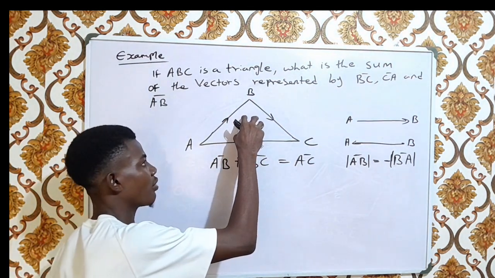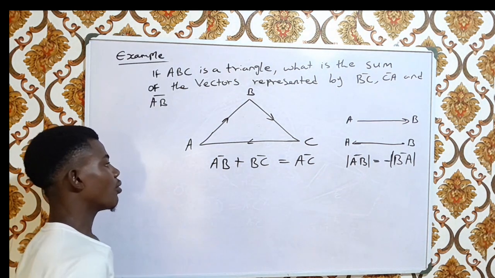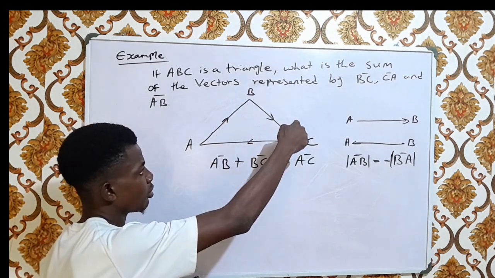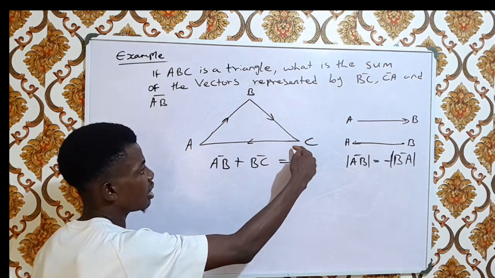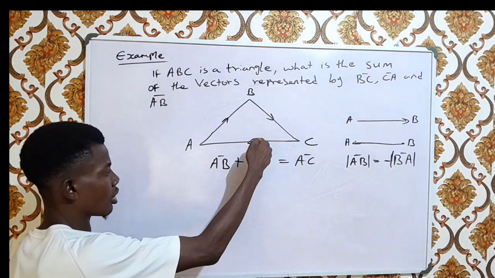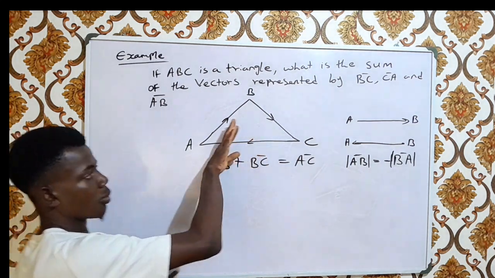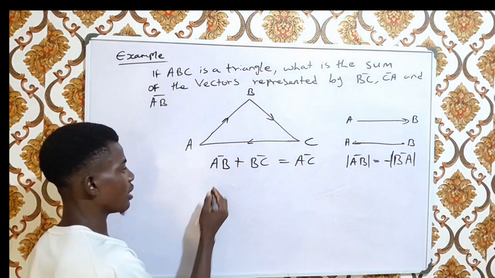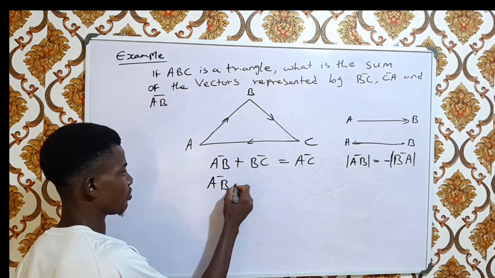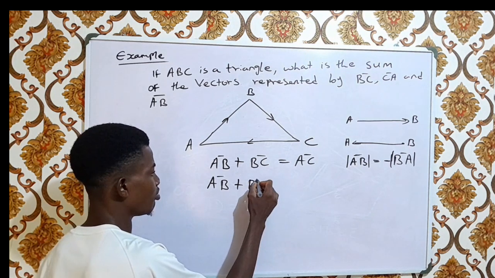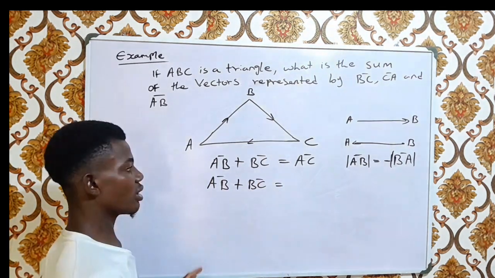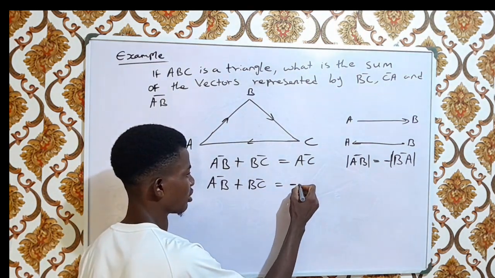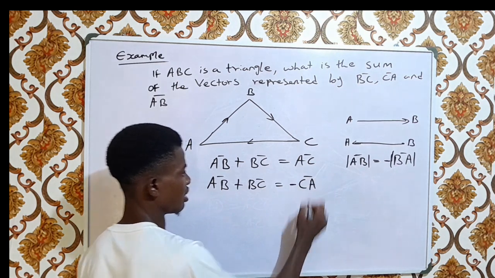Now, coming back to the triangular law of vector addition, and we have this question to solve. If you watch, AB plus BC is not corresponding because this sense is supposed to face this way for you to prove this law, right? But no problem. We can still do it by saying that AB plus BC is equal to minus CA.